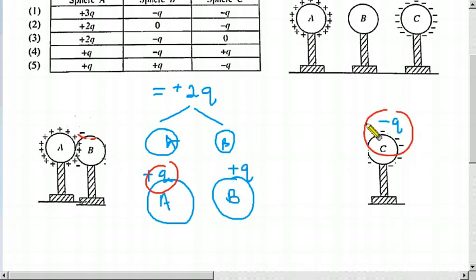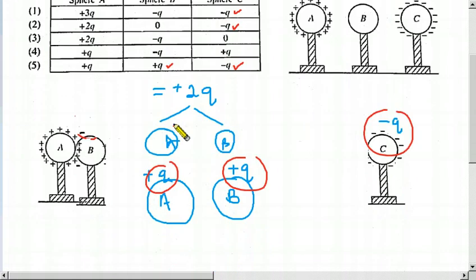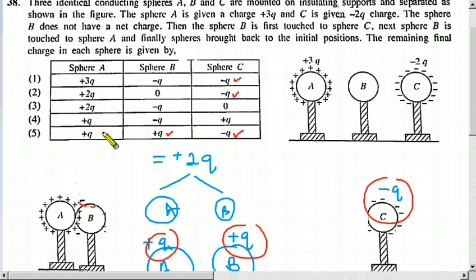Finally, this one is constant, it doesn't change after touching to this B. It got this -q previously, so it is remaining there, not changed. So the answer is -q here, -q here, then this one B +q. These are wrong. So capital A +q, this one.